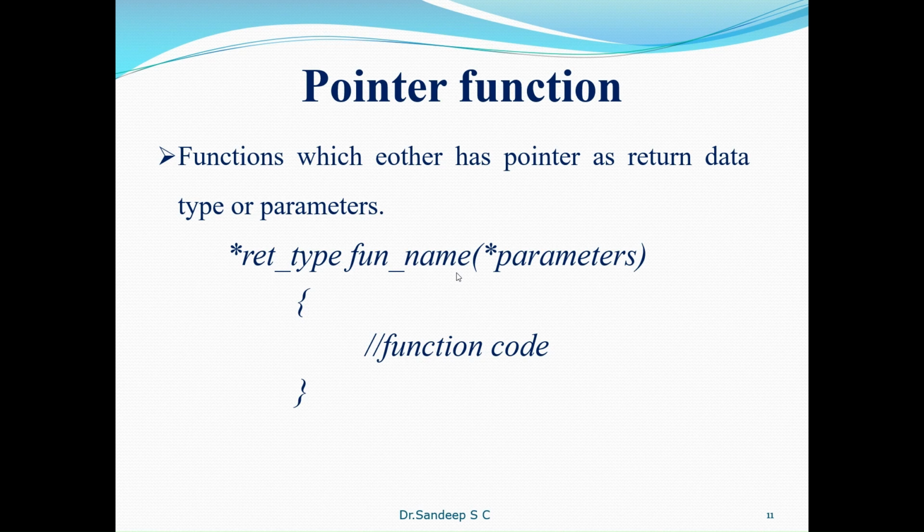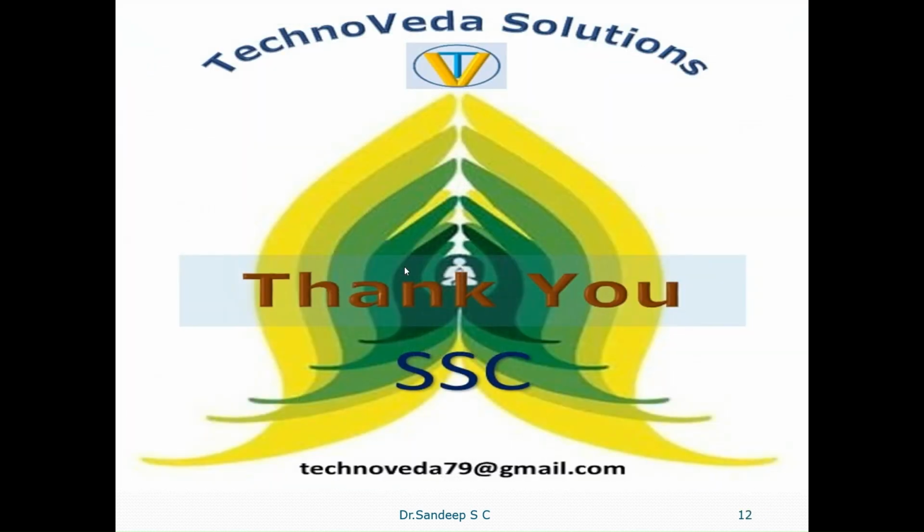Pointer functions are the functions using pointers as an argument or the return data type. Function pointers again come under pointers. We will discuss that. But here, pointer functions are the functions which use pointers as an argument or a return data type. Okay, so these are the different types of functions.